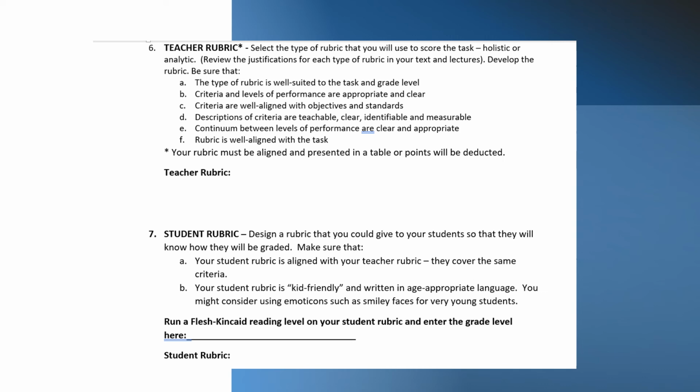And that grade level should be just like with the quiz project, plus or minus 1 grade level from your grade level for the lesson. The student rubric, again, is something you would hand students so they could see how the assignment, the performance task, was assessed.